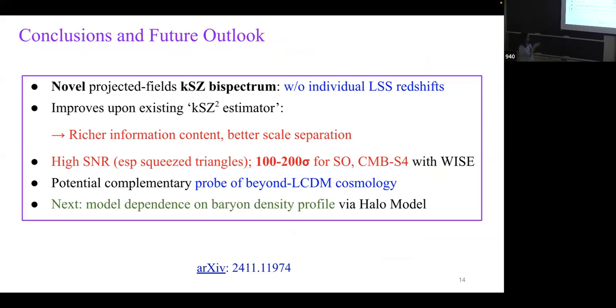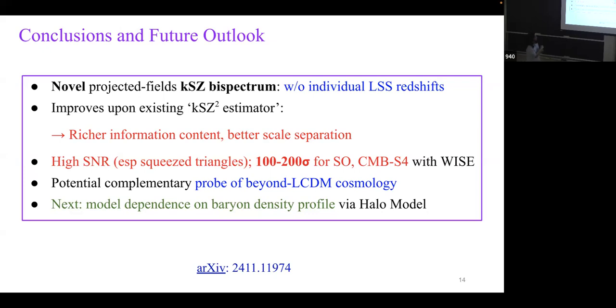And we expect very high SNR with SO and eventually CMB-S4. And again, you can use LSST galaxies in place of WISE galaxies to do these sort of detections. And we demonstrated that this could become a complementary probe of neutrino masses. Potentially, you can also constrain dark energy with this through its dependence on the growth rate.